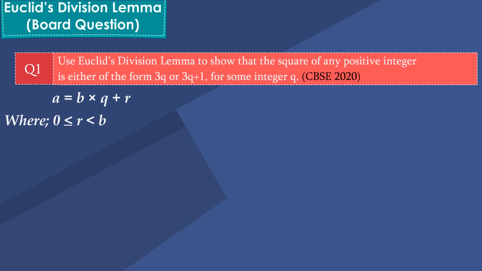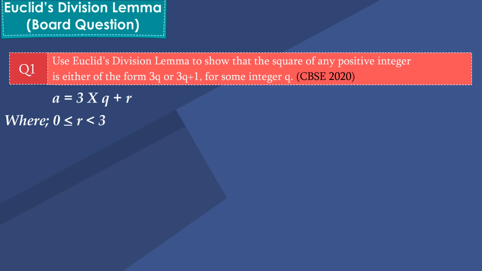Then, by Euclid's division lemma, we can write a is equal to 3q plus r. Also, r is either 0, 1 or 2, since r is greater than or equal to 0 and less than 3, as per Euclid's division lemma.